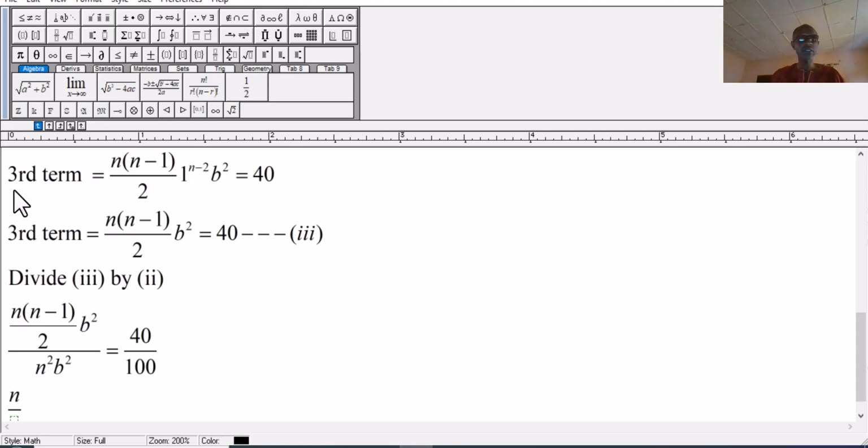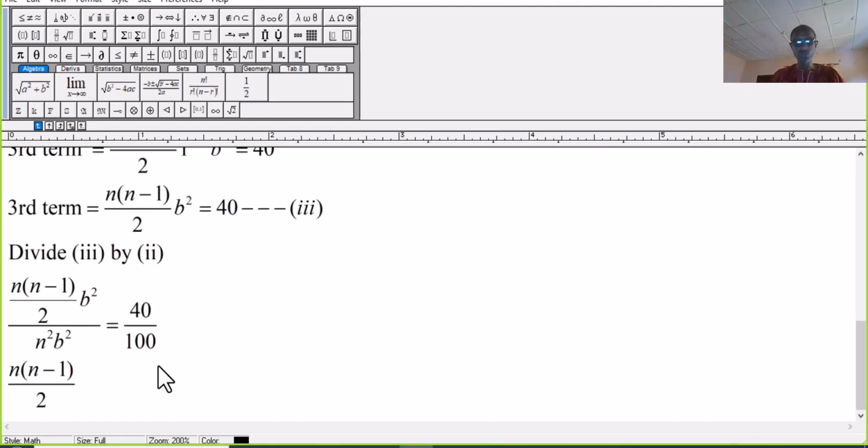So we have n into n minus 1 over n squared b squared, all over, by the time we divide this, that's 2 over 5.